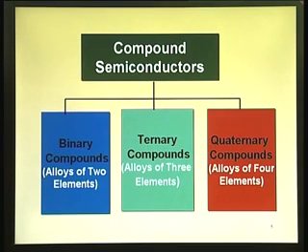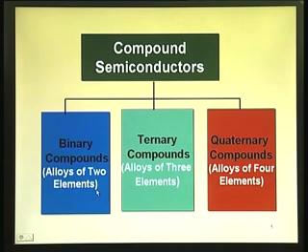Compound semiconductor. The moment you say compound semiconductor, you have opened up a huge window through which you can see that mainly you can classify into three categories. One is the binary compounds, which are compounds of two elements.